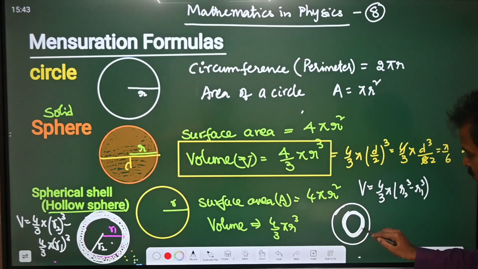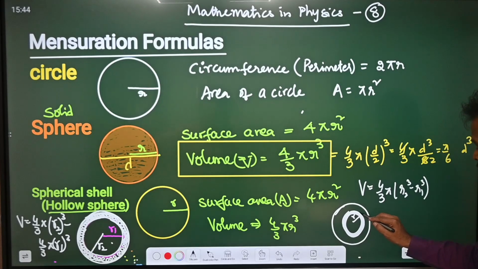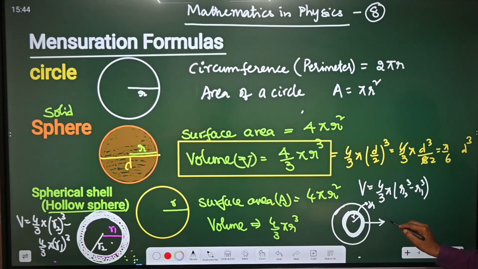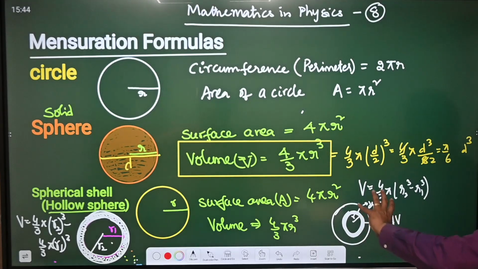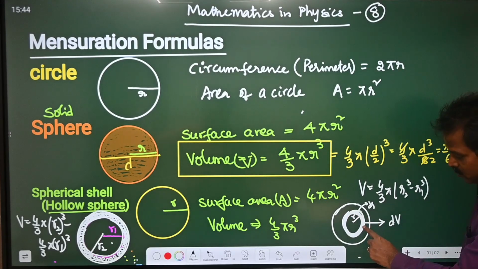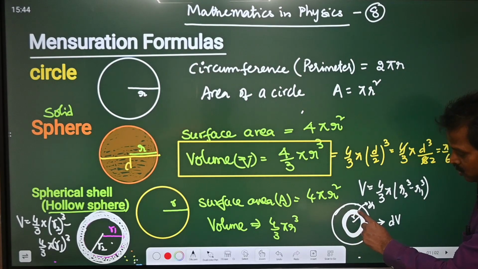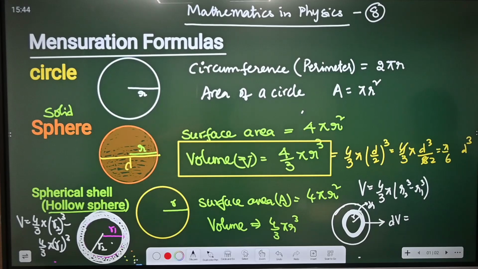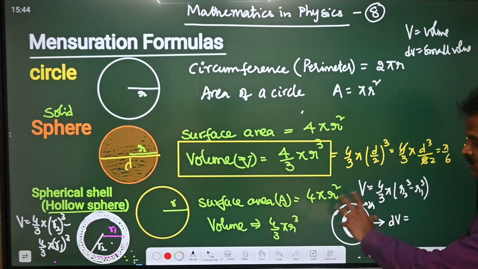Sometimes, if a sphere is given like this, and you want to find out only a small spherical shell in it, if this radius is R and the thickness is dr, the volume of this spherical shell only is given by dV. Volume is V, students, dV is the small volume of this given sphere.